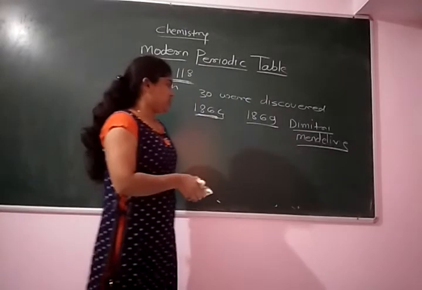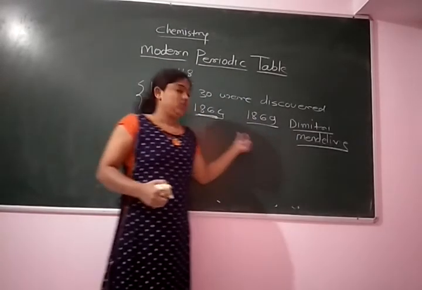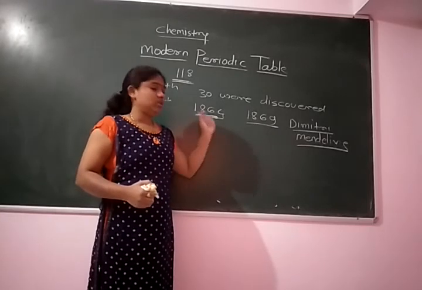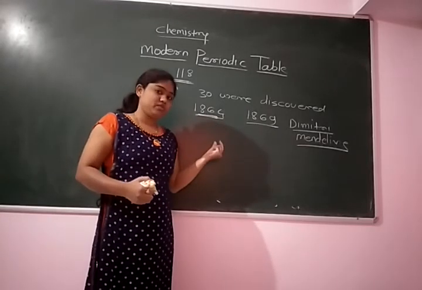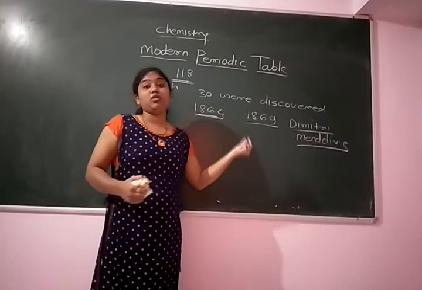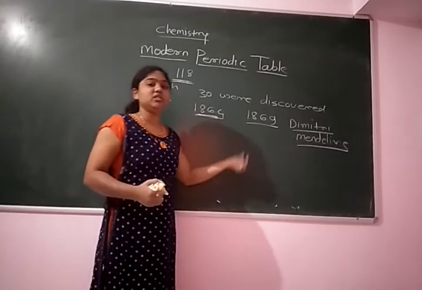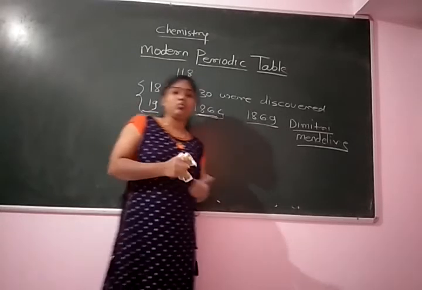He was a Russian chemist, and he found that the elements are arranged in the increasing order of their atomic masses. He arranged the elements in the increasing order of their atomic masses.